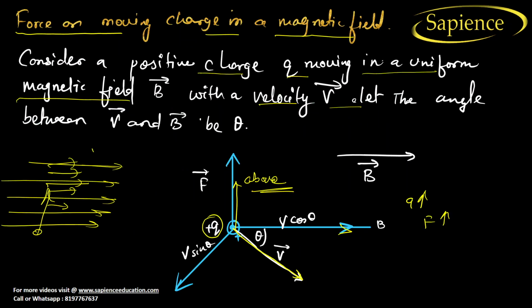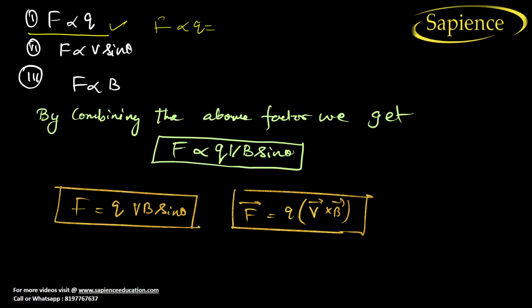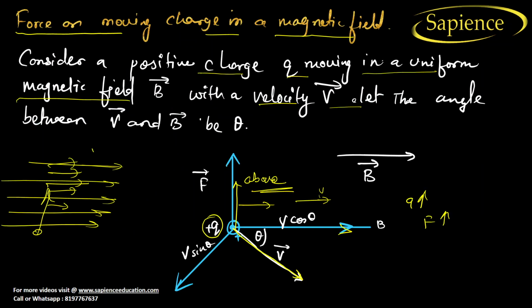Another thing is that force is also proportional to B cos theta. As soon as B cos theta is more, the force will be more. Sorry, B sin theta. Why B sin theta? See here, when any charge is moving parallel to the field, what happens?